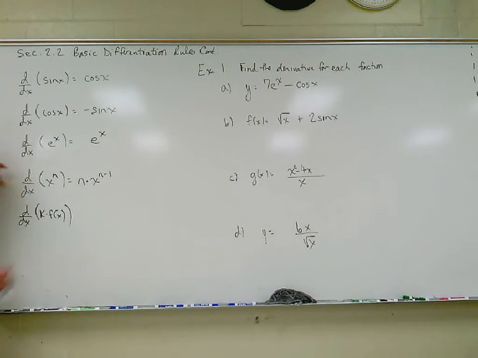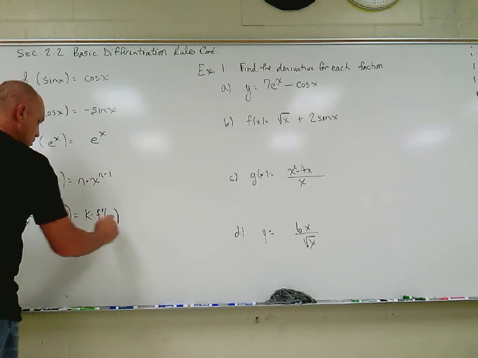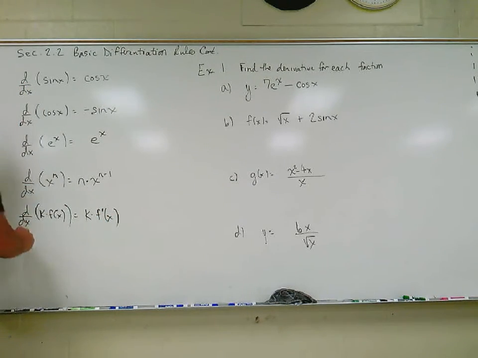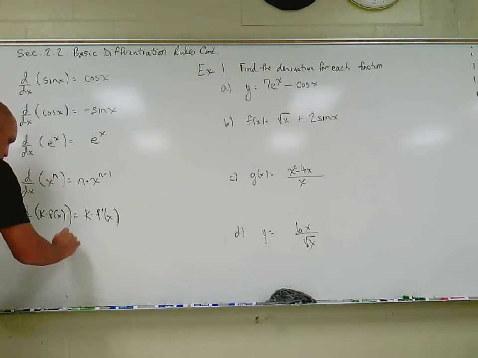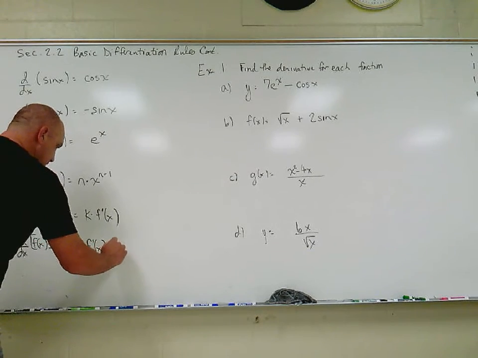This means find the derivative. It's k times f prime of x. So you just multiply by that constant. Now, if we have multiple functions added or subtracted, you just take the derivative of each one and add and subtract those answers.